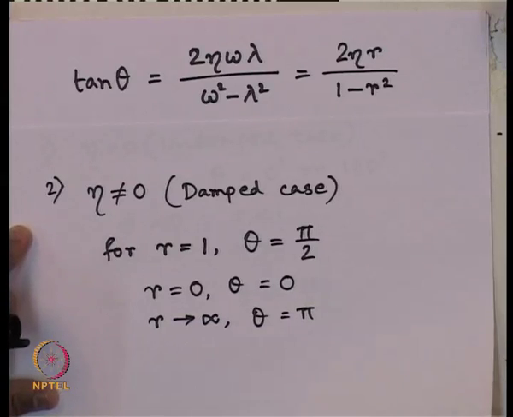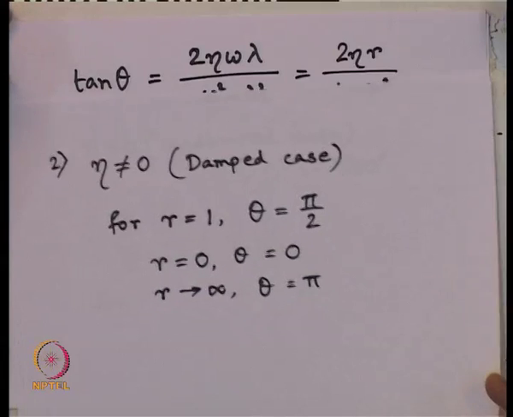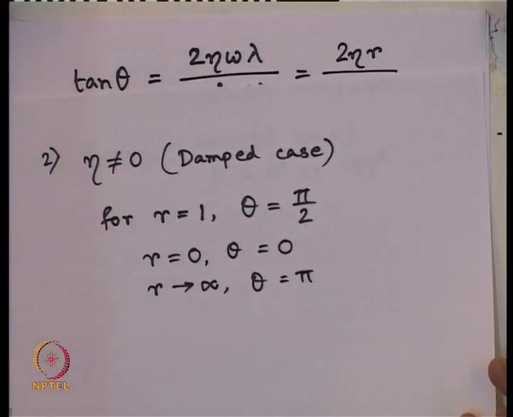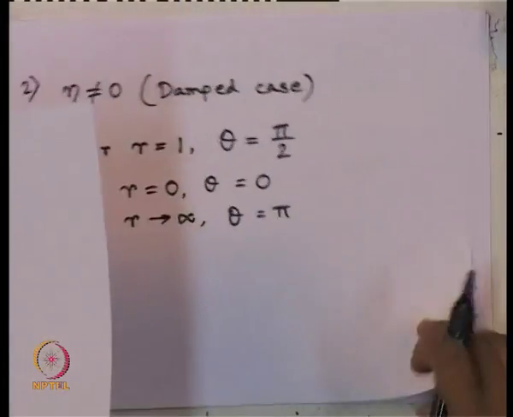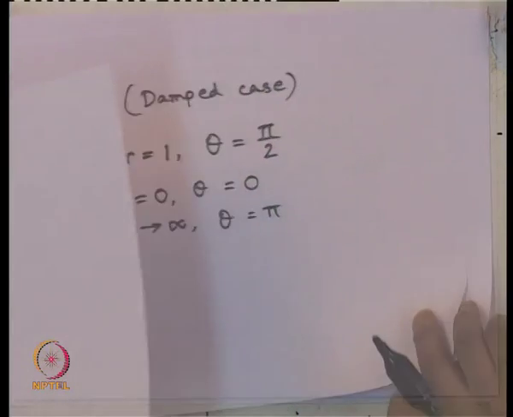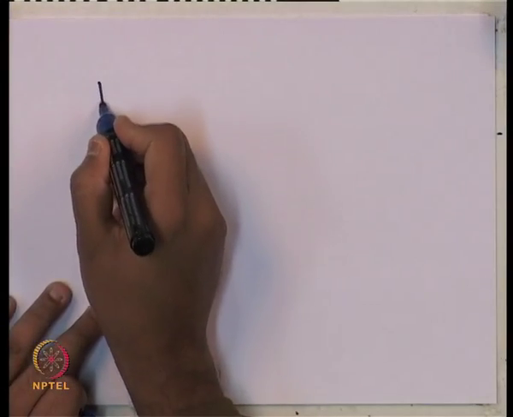Fine. So, with these values, now let us plot this phase, the variation of phase with respect to r. Like what we have seen for the variation of DMF with respect to r, now we want to plot the variation of phase with respect to r.